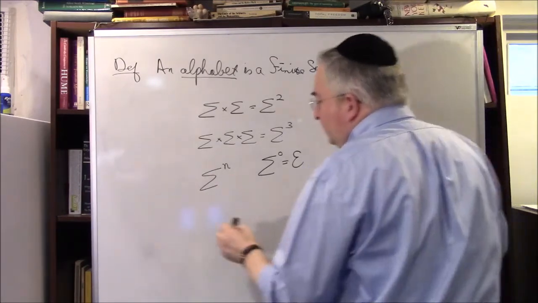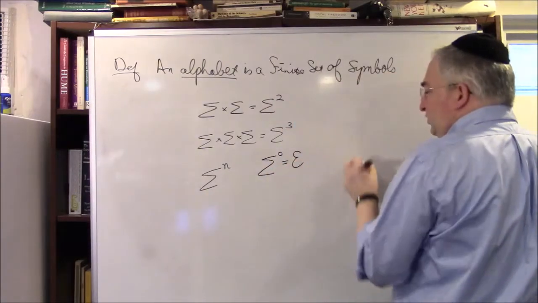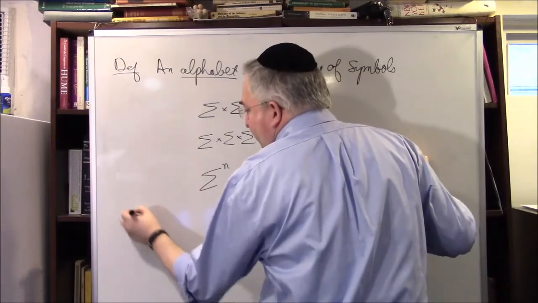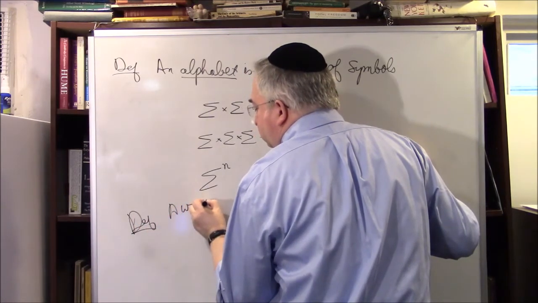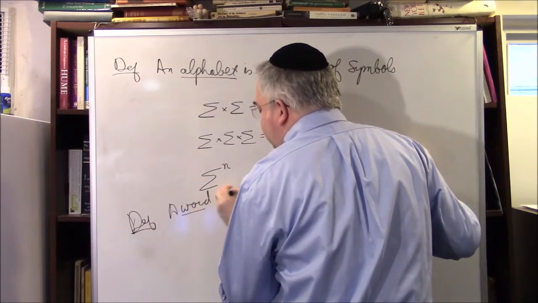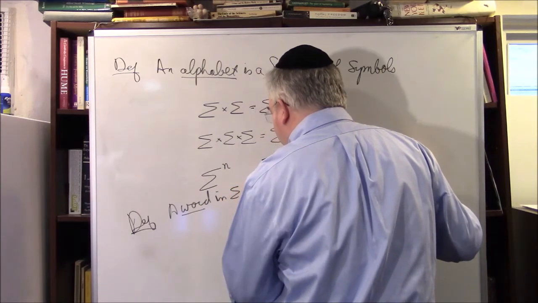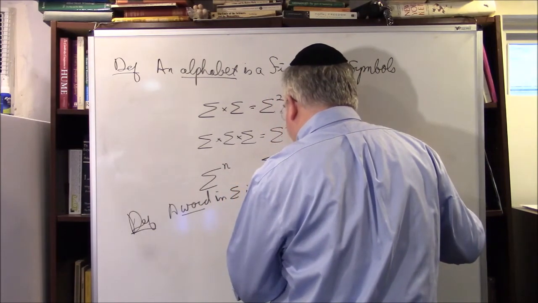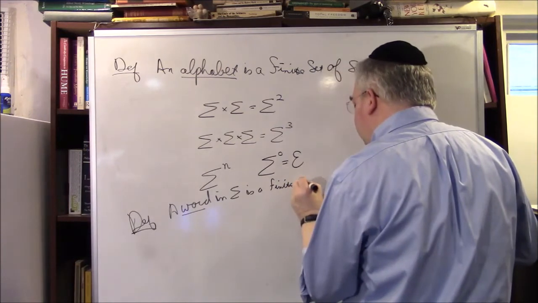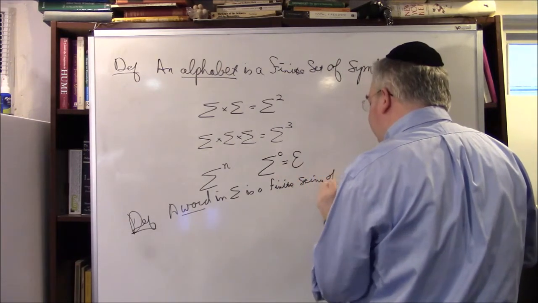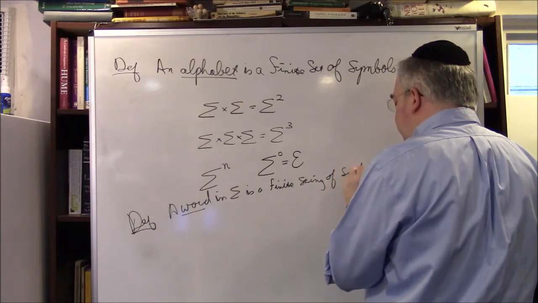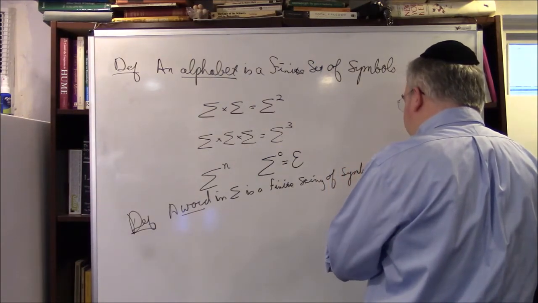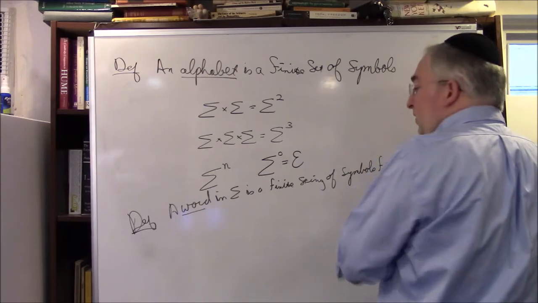Great. Now we're also interested in a definition. A word in sigma is a finite string of symbols from sigma.